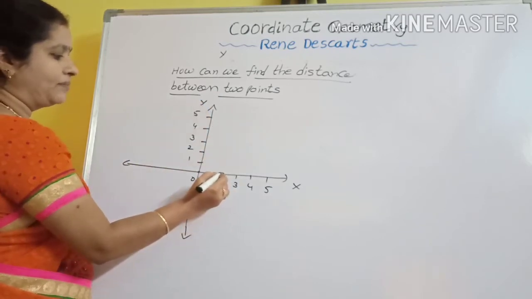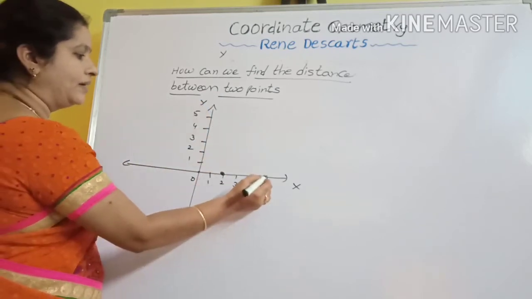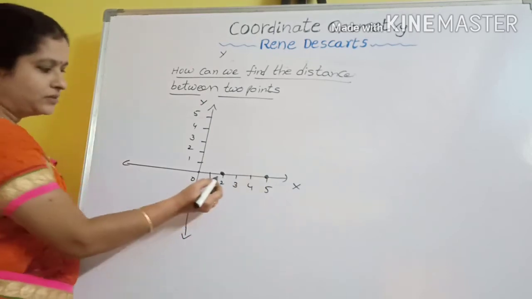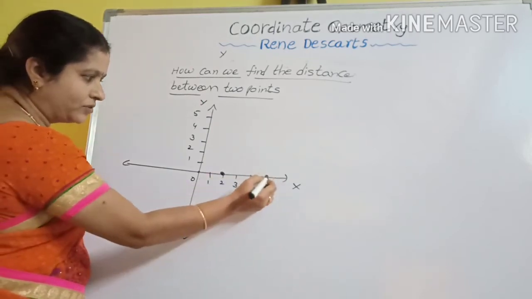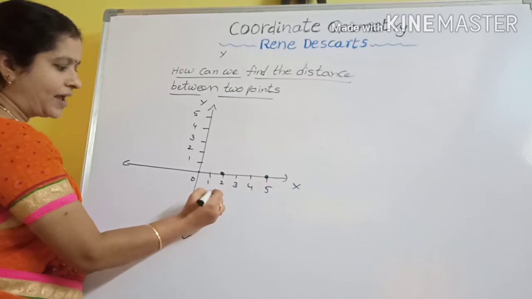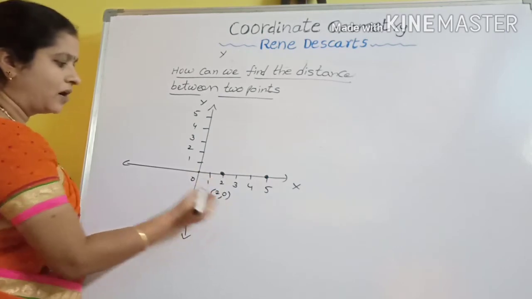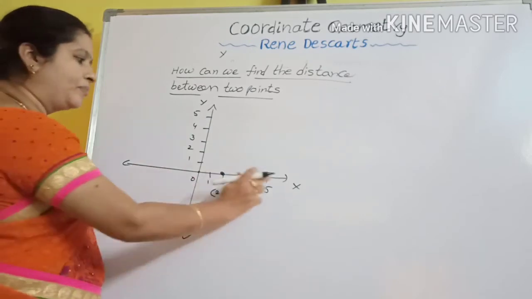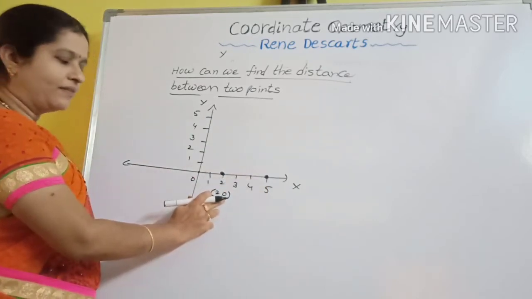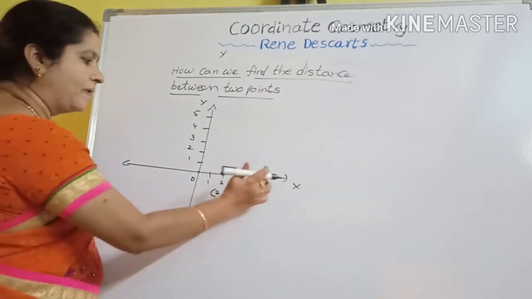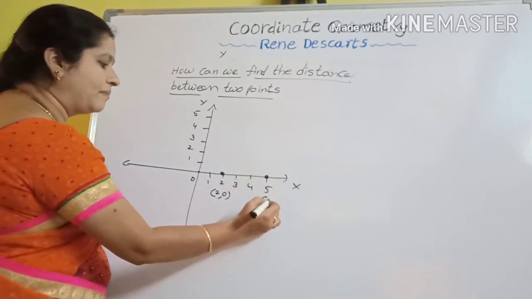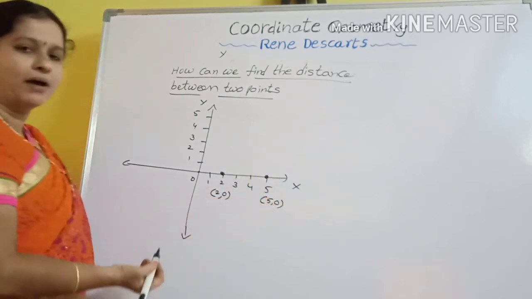So here is one point and here is another point. What is the ordered pair of those points? Here x coordinate 2, y coordinate 0. On the x-axis, all the points must have y coordinate zero. So the other point is (5, 0).